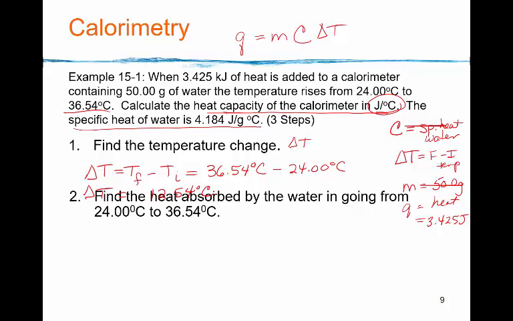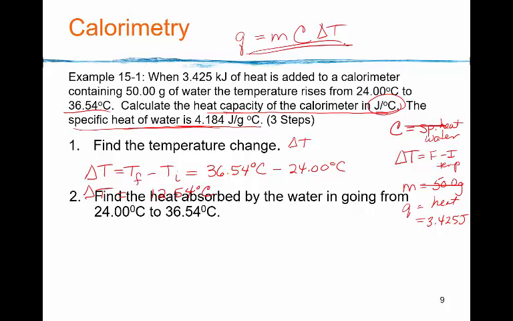The next thing we need to do is find the heat absorbed by the water, because we know the specific heat of the water.